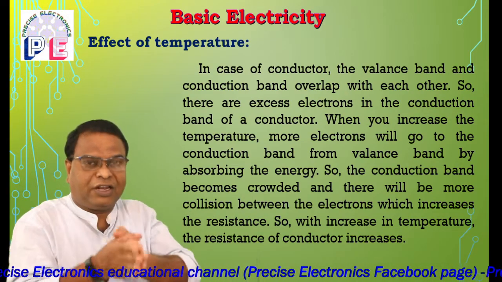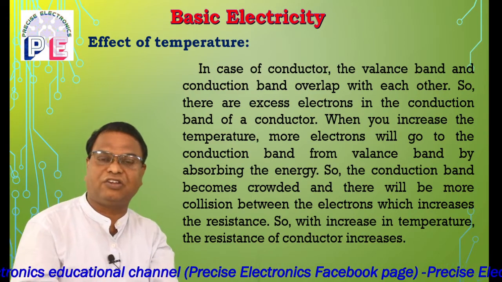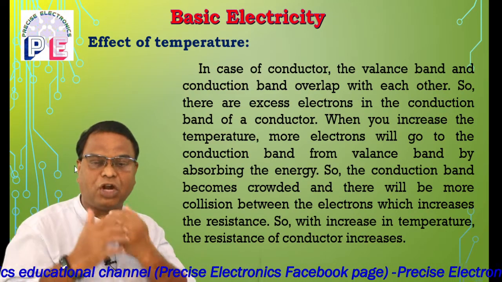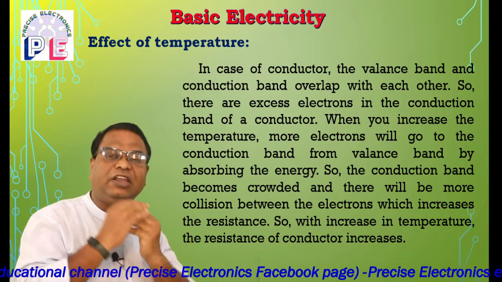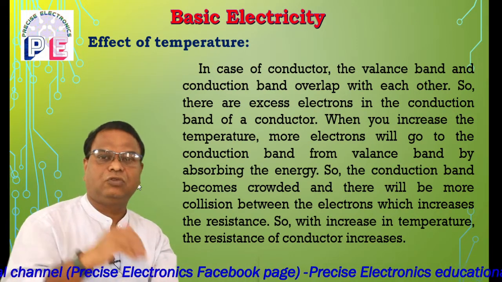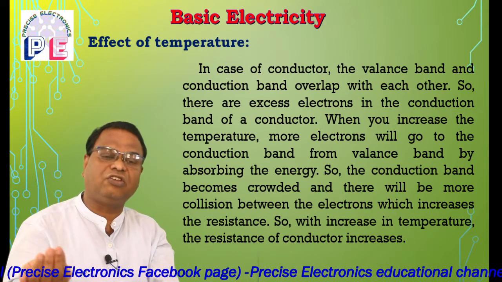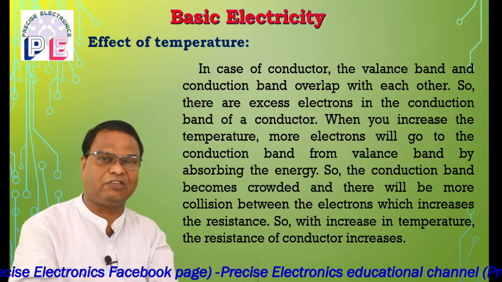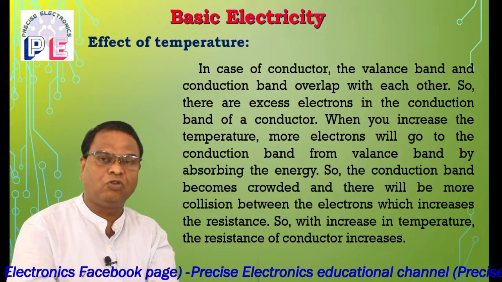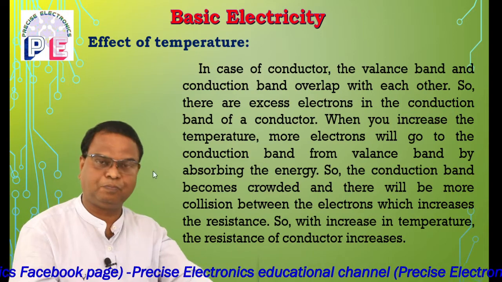So when the temperature increases, more electrons are available in the conduction band, the band becomes crowded, and this increases the resistance. So in case of a conductor, when the temperature increases, the resistance also increases.